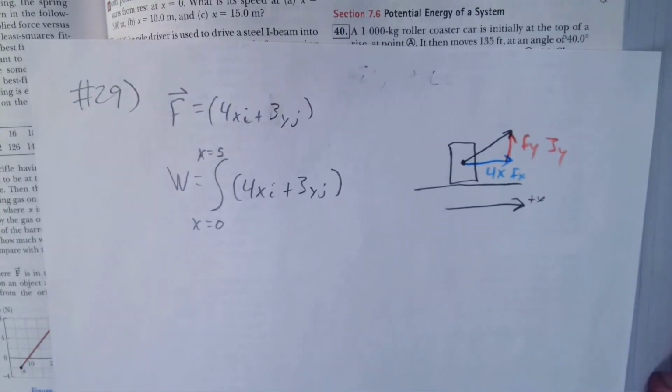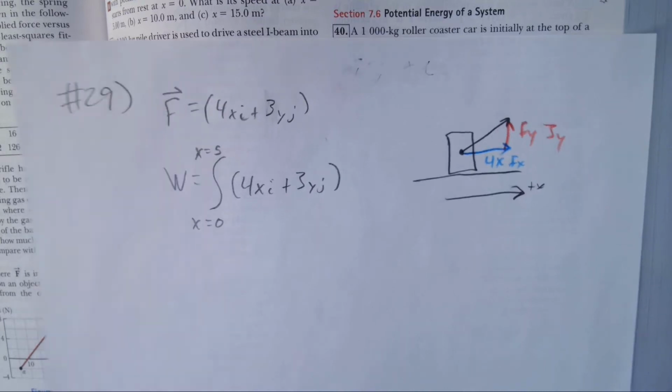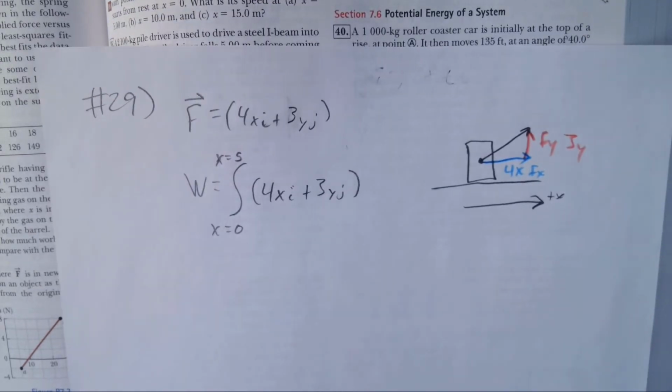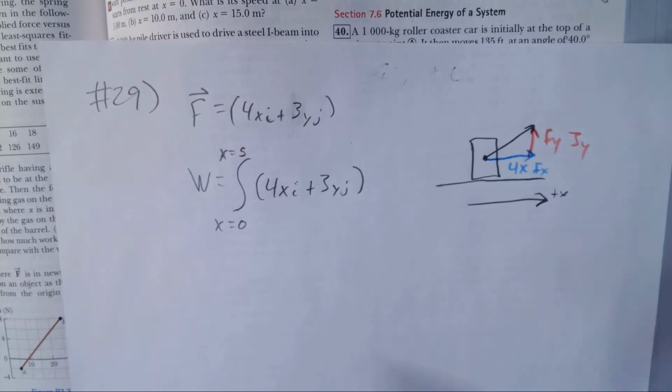They're trying to find the work done by the force on the object. We're going to solve this, and then see how we could have thought more intuitively and not gone through the whole problem.